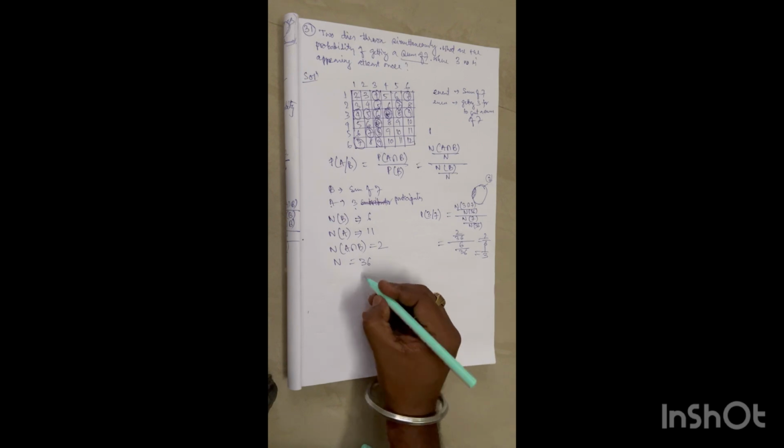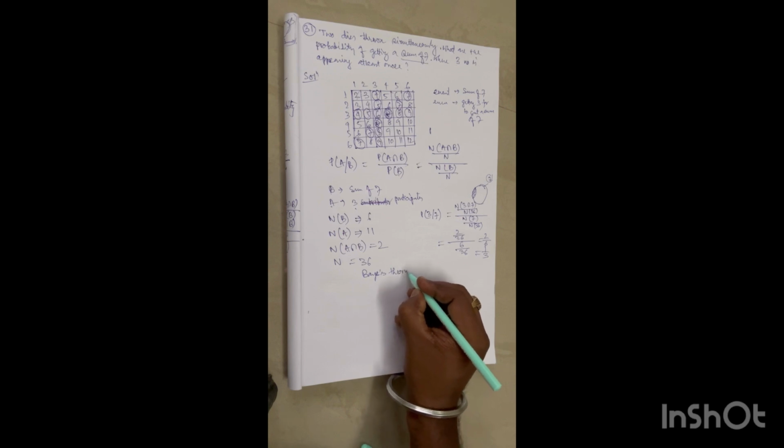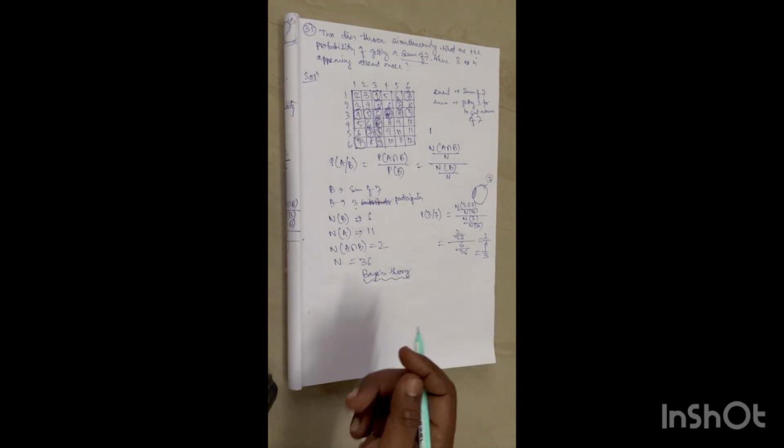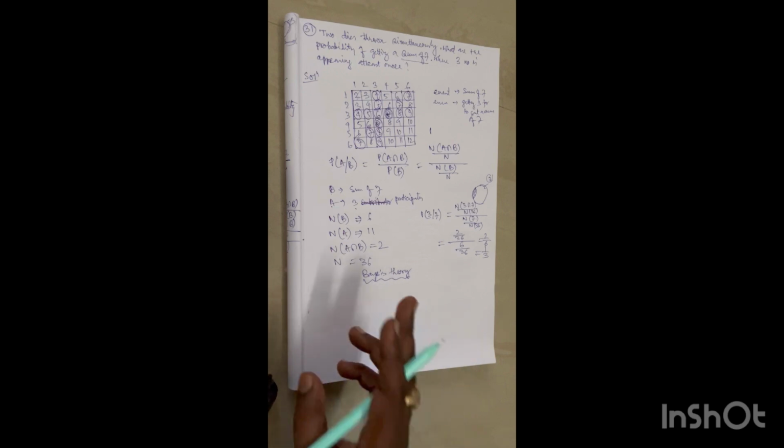And the name of this theory is Bayes theory. Now this theory is based on the prior concept, that is conditional probability. But why is this needed?